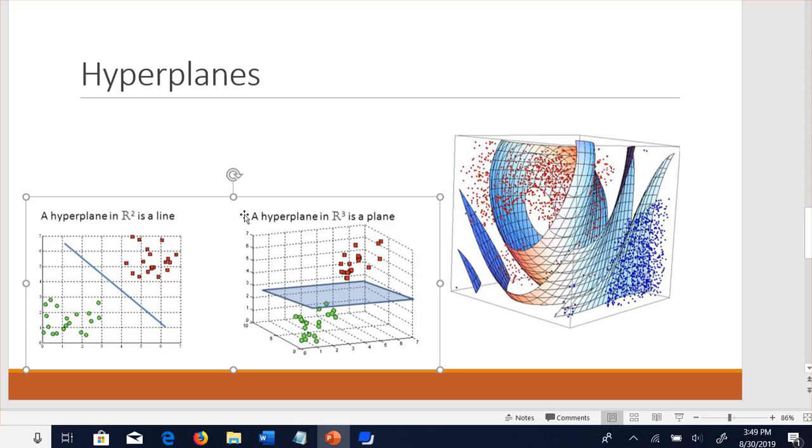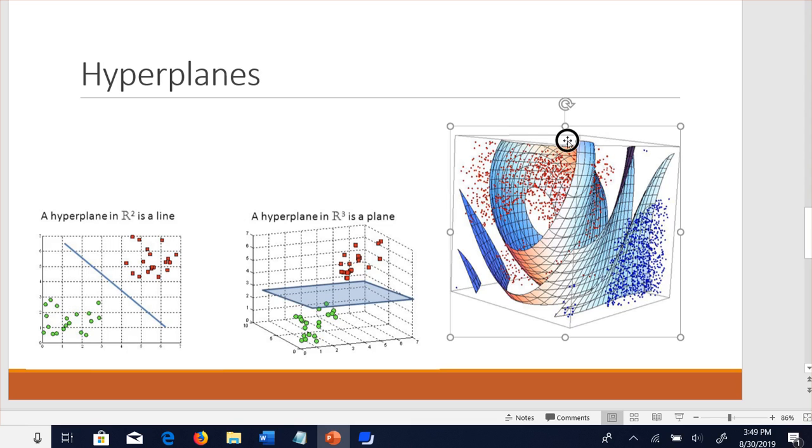For some people, in rare cases, a few of them can imagine or observe four-dimensional data, but those are rare cases. Sometimes our hyperplane may be more complicated, even though this is still three-dimensional data, in this case three variables. We can twist and turn our hyperplanes when we classify our data.